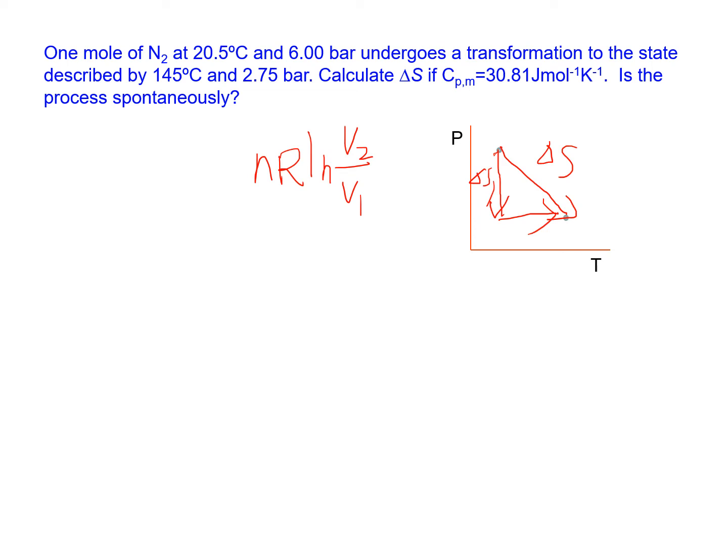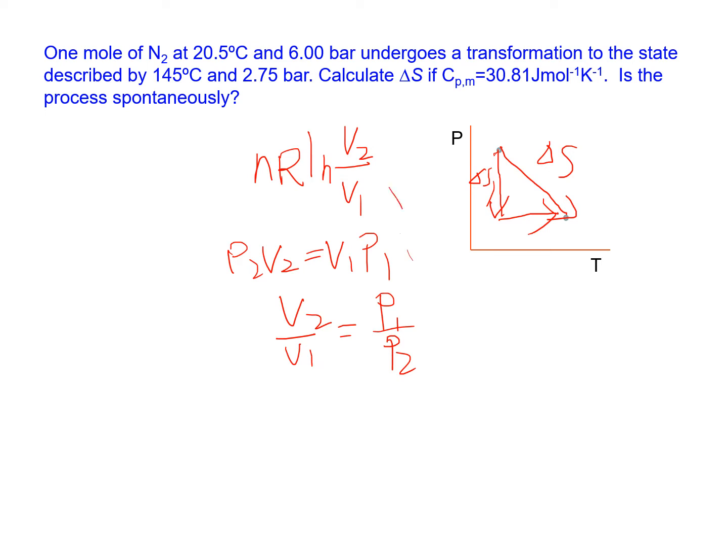Now, because it's isothermal, it obeys Boyle's law. So if we don't have volume, we can use Boyle's law. V2 P2 equals V1 P1. That means V2 over V1 should equal P1 over P2.